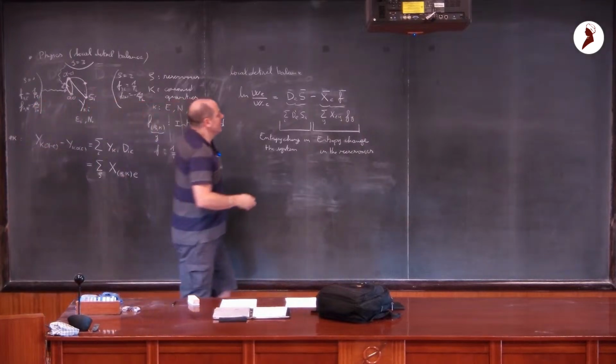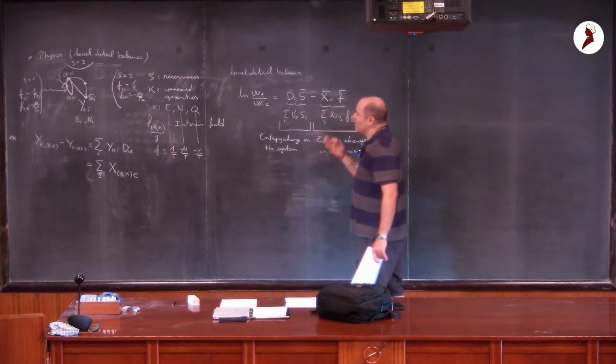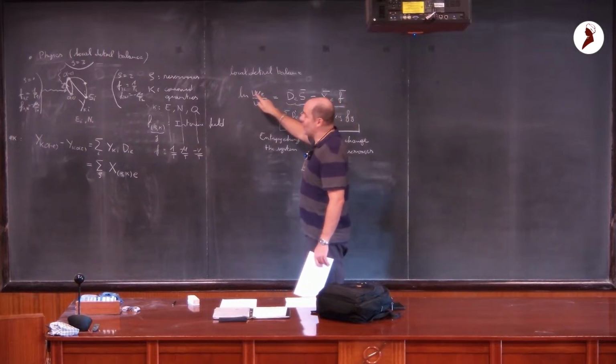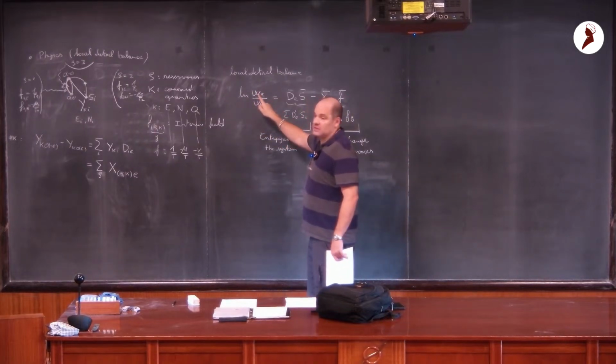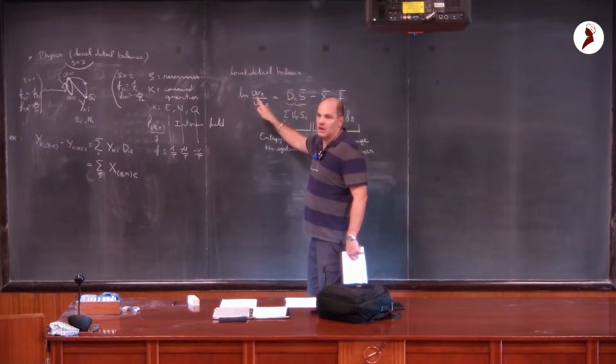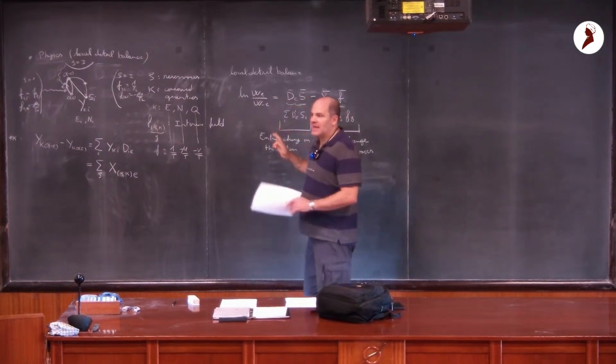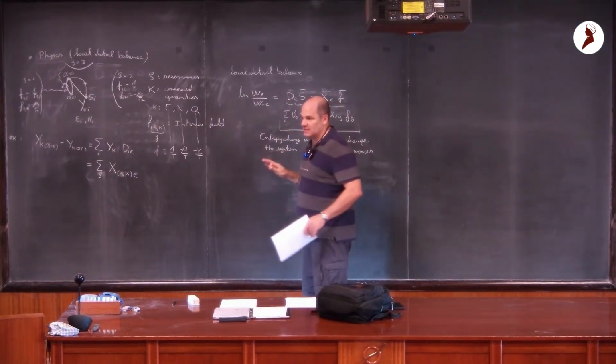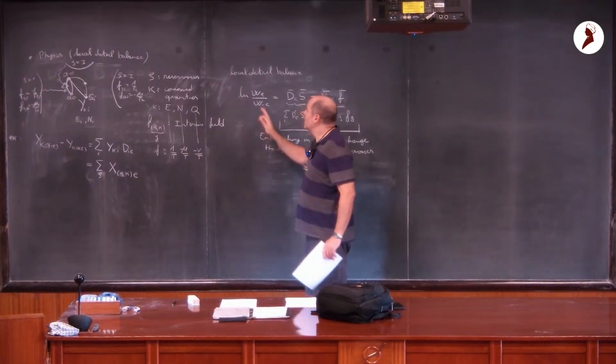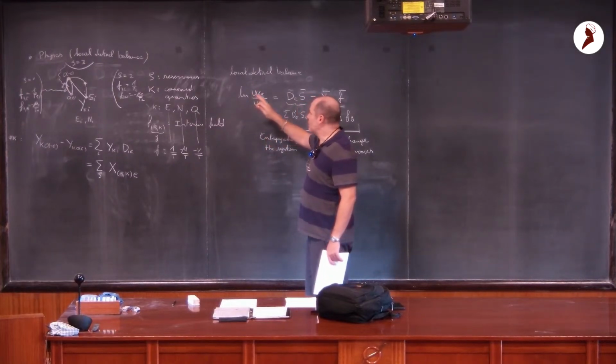And actually, I could argue microscopically that these rates are related to the response properties of the reservoirs. And this is precisely the reason why this property holds. Here I put it as an ansatz, as an assumption. I can justify this microscopically.